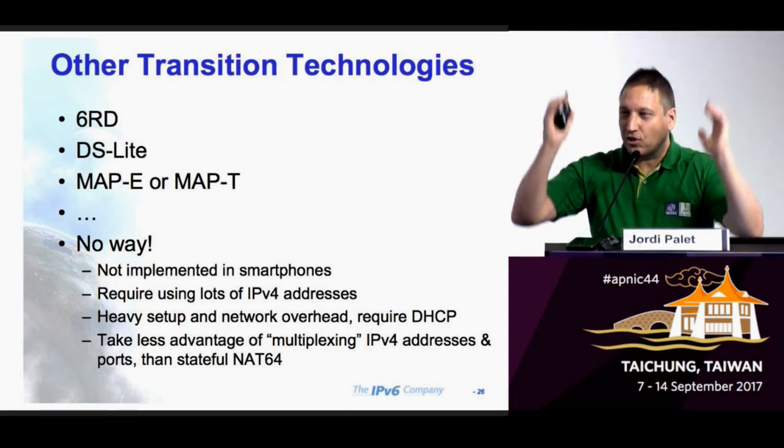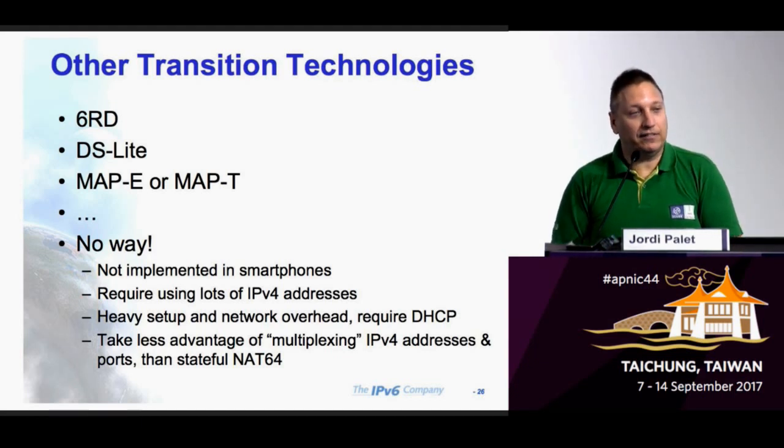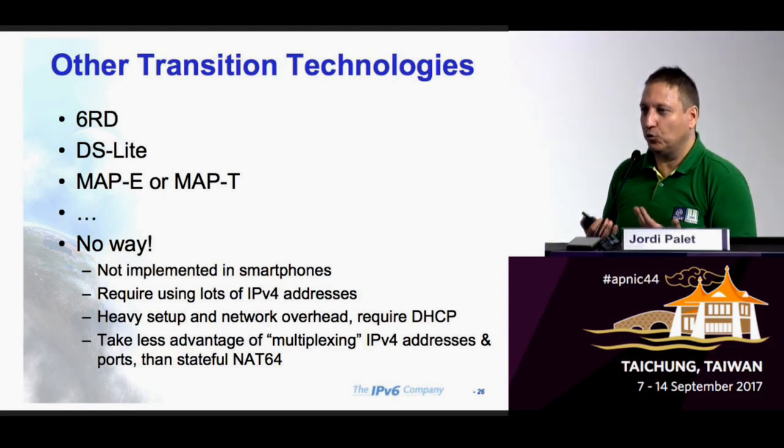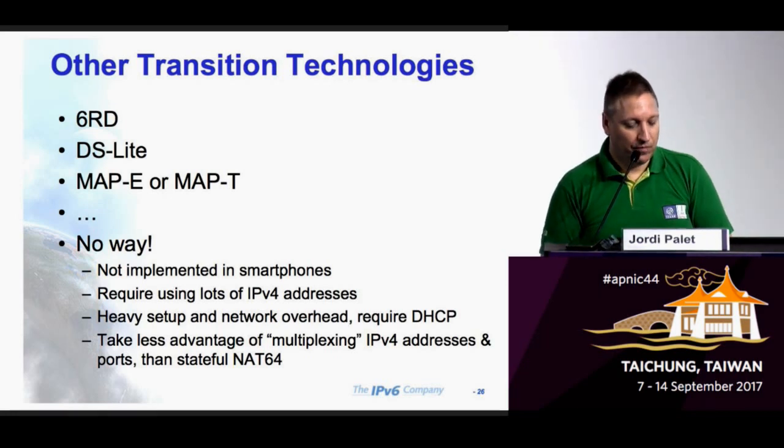So you probably have some of them in your mind. No way, because basically they have never been implemented in the smartphone operating systems. So even if you are willing to use any of these in your cellular network, they are not useful, okay?